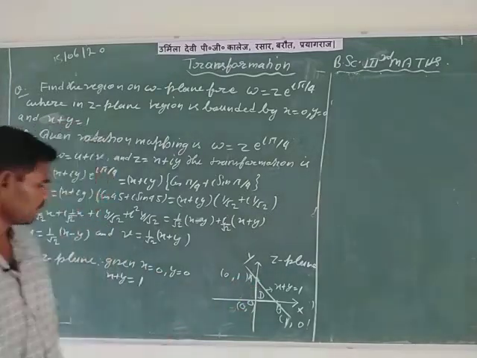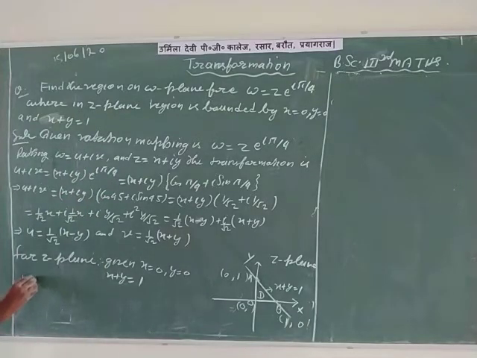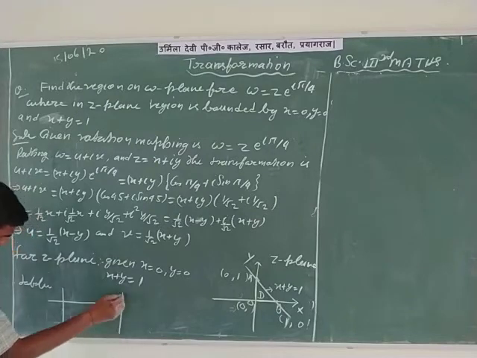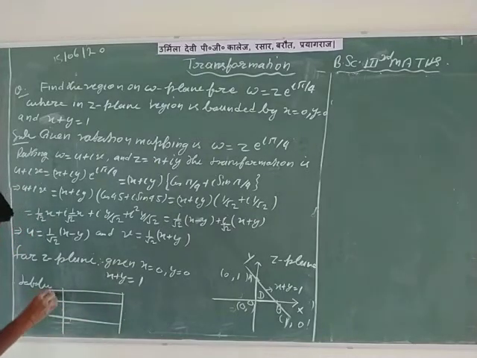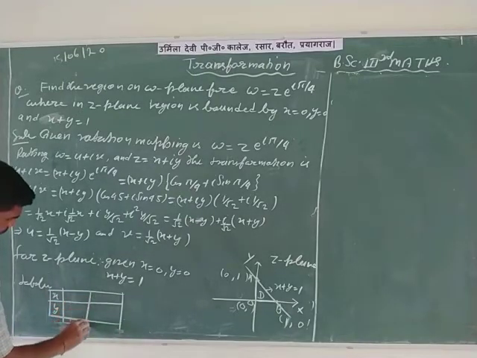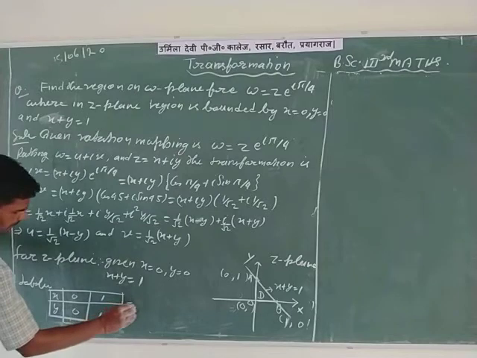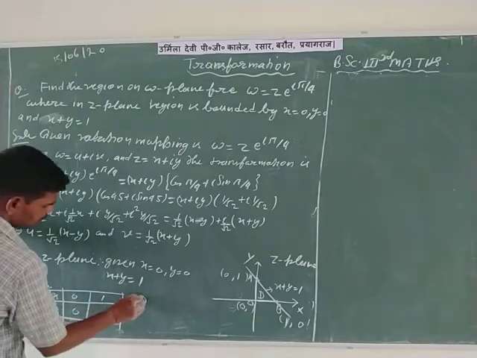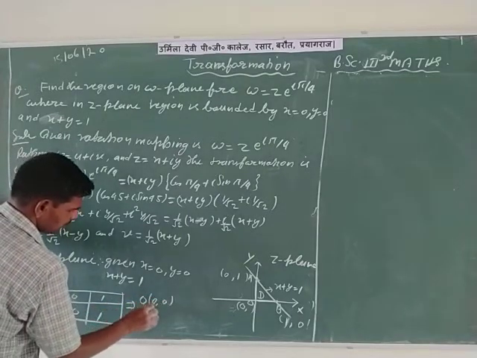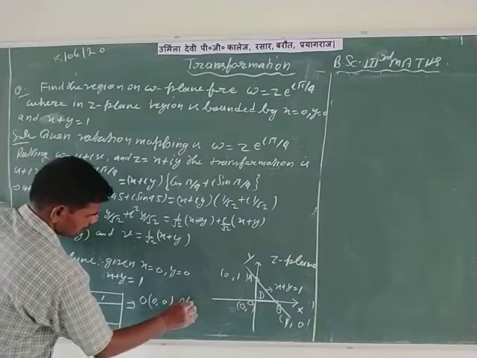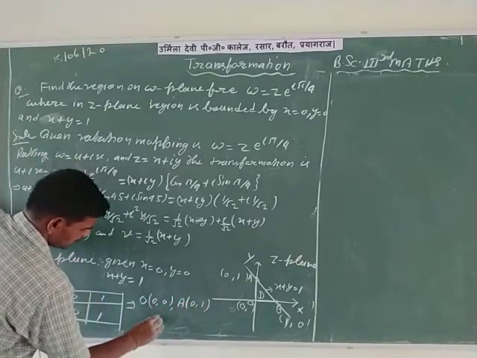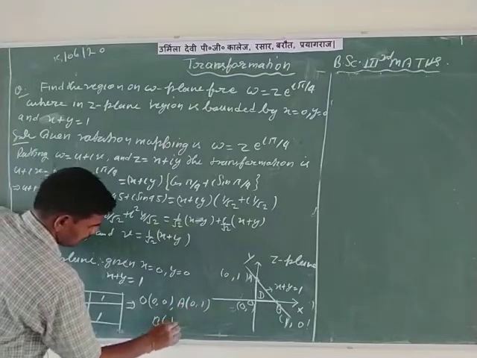So first draw a table of x and y, putting the values x is equal to 0 and y is equal to 0, x is equal to 1 and y is equal to 1. It represents the points capital O with coordinates 0, 0, capital A with coordinates 0, 1 and capital B with coordinates 1, 0.